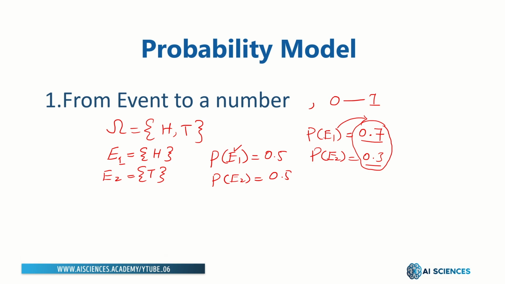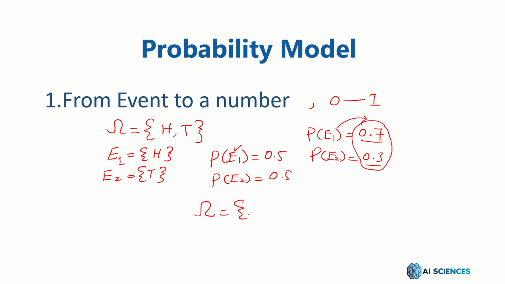Further, we can have, for example, let's say we roll a die and get 1, 2, 3, 4, 5, 6. And let's say we have an event of even numbers. So 2 appears, 4 appears, 6 appears. So we are interested in, for example, what's the probability that an even number appears?